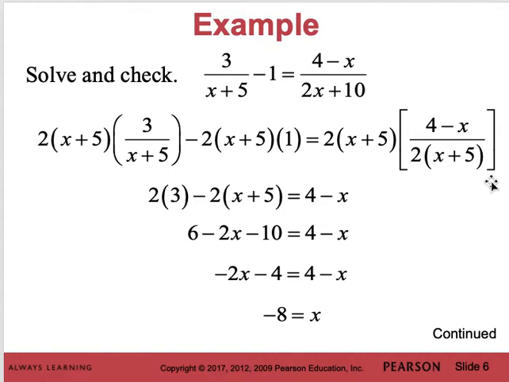What we notice is we can cancel a lot of this out. This 2 times x plus 5 would cancel out on the right-hand side of our equals, and that's what remains here. On the left-hand side, the x plus 5 cancels, and we're left with 2 times 3, which is 6, minus 2 times x plus 5. Then we can combine our like terms and solve for x, and we end up with negative 8.